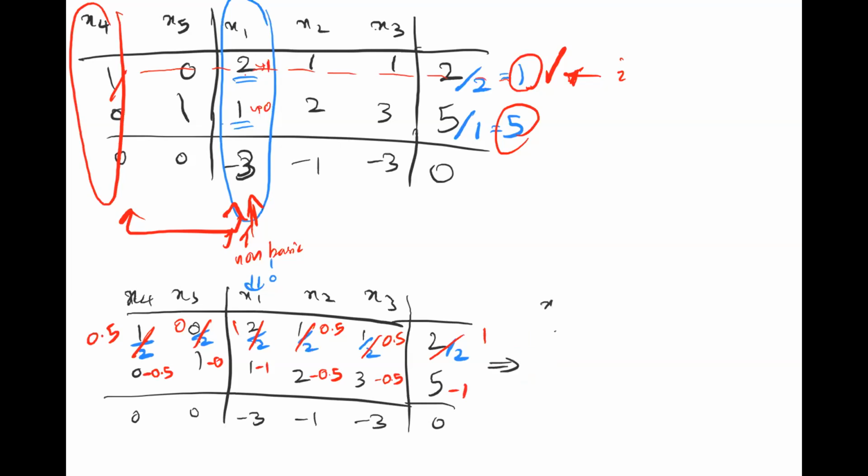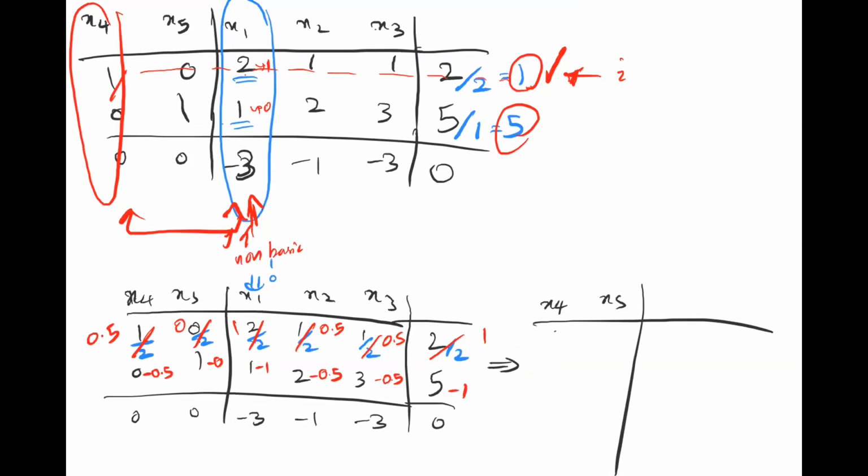So what it does, it's going to transform our tableau into x4, x5, x1, x2, x3, and then the right hand side.